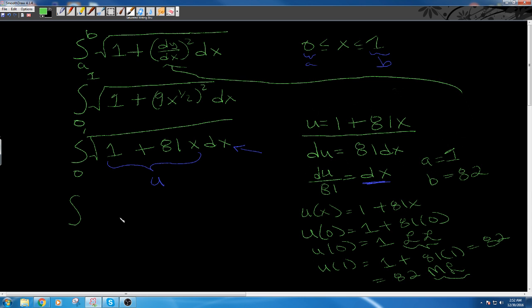They're no longer 0 and 1. Remember, before 0 was a. We plugged in 0, we got 1. So now that's our new a. And before 1 was b. We plugged in 1 here, we got 82. Now that's our new b. So we're going to have 1 to 82 as the limits.